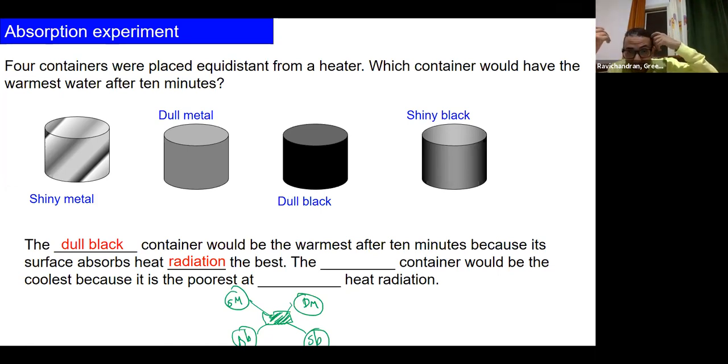So the shiny metal reflects energy, and due to that it will be the coolest one. The shiny metal container would be the coolest because it is the poorest at absorbing heat radiation.